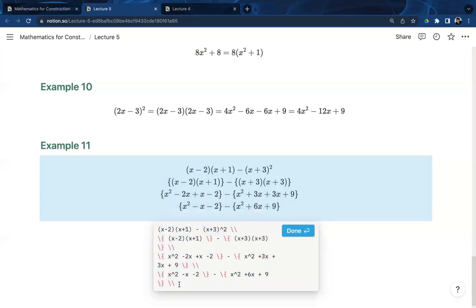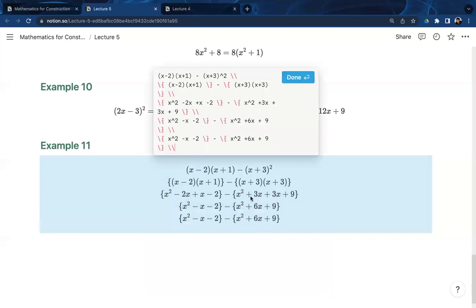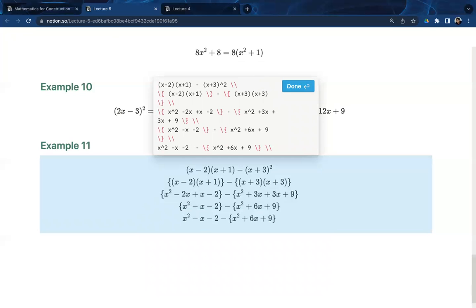Now, if you're removing brackets, be careful, because see this minus sign in front of these curly brackets here? This minus sign will multiply by everything. So if I remove the brackets, there's a negative sign in front of the x squared, the 6x, and the 9.